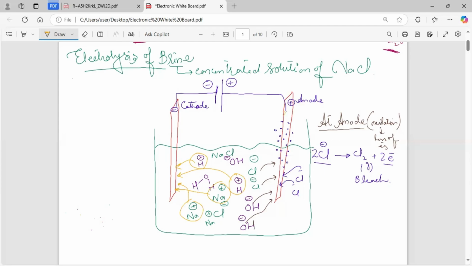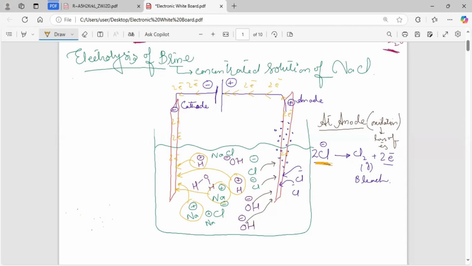What electrons? The electrons that are being released from chloride ions. These electrons travel through the external battery towards the cathode. So these two electrons were continuously coming from the anodic part, from chloride ions losing two electrons, and these electrons were transferring through the battery towards the cathode.